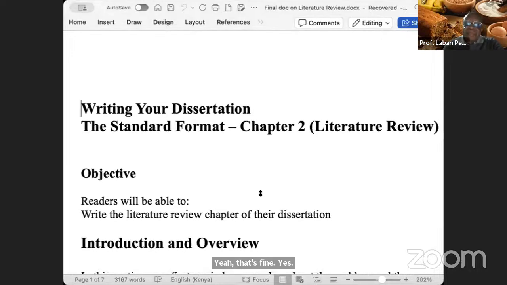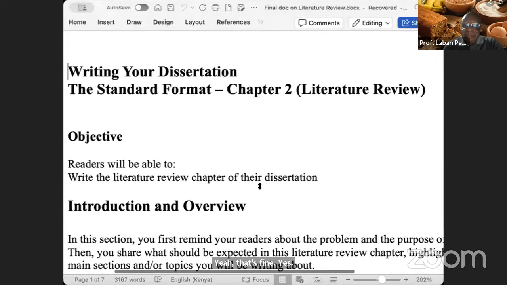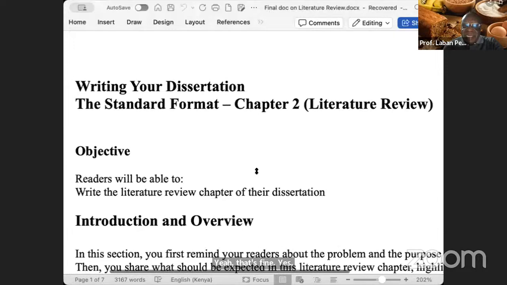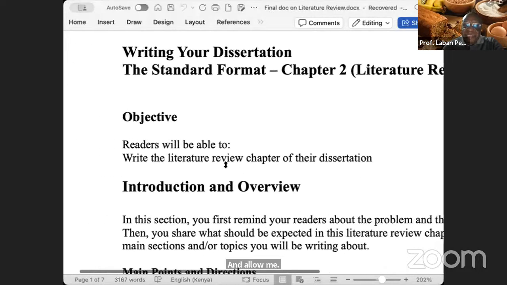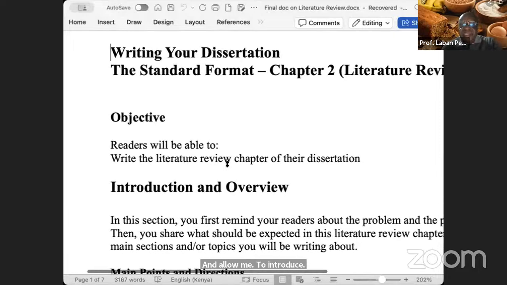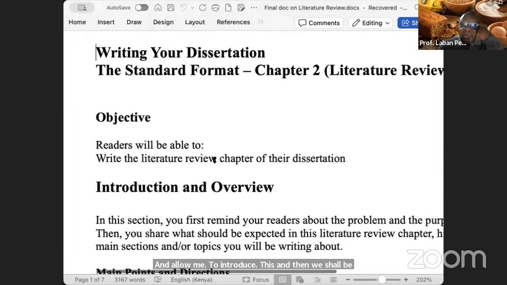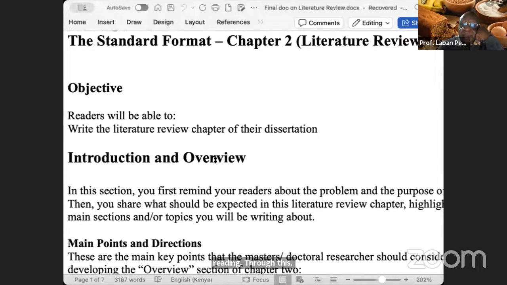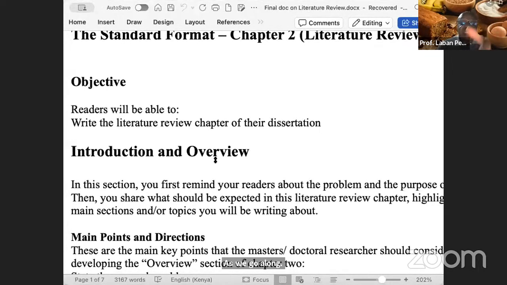And I really want to be dogmatic here. Allow me to introduce this, and then we shall be reading through this as we go along. This is from my Research Methods book.